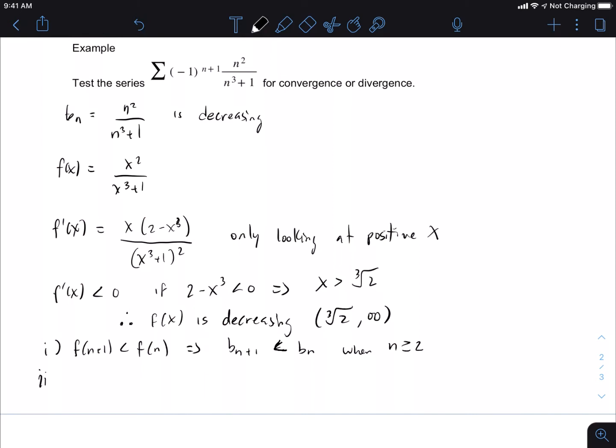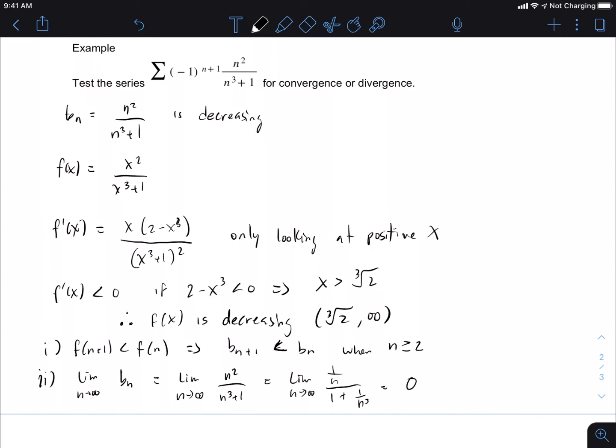Then in part 2, we need to show that the limit as n goes to infinity of b of n is 0. The limit as n goes to infinity of b of n is the limit of n squared over n cubed plus 1, which is the limit as n goes to infinity of 1 over n times 1 plus 1 over n cubed. That would give us 0, right?